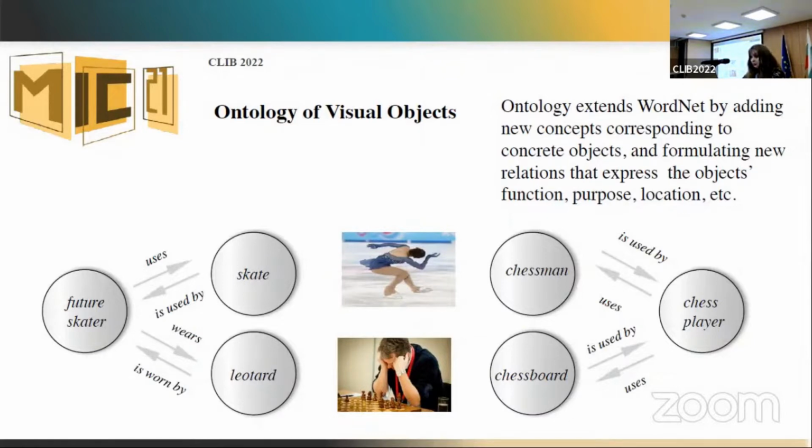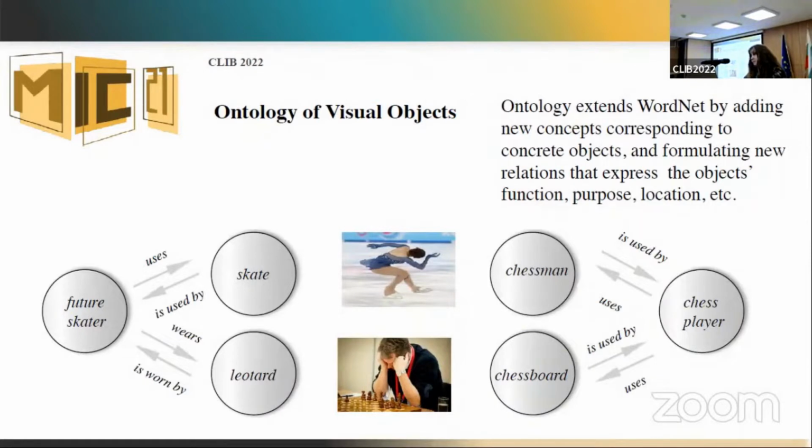An example of such a new concept is the concept denoting the object figure skater. Here, all the relations exemplified are newly introduced relations, because in WordNet there is a uses and used by relation, but it relates noun synsets and verb synsets.